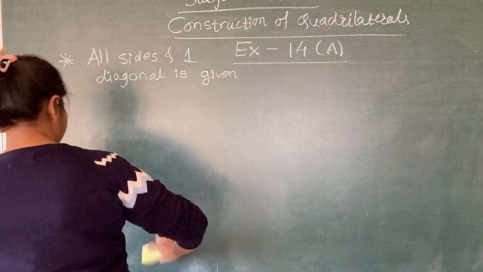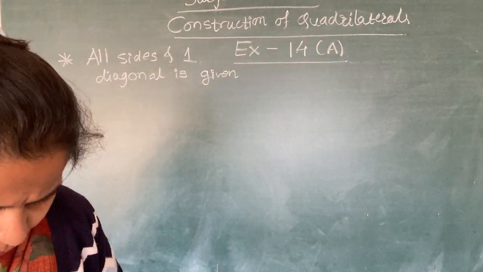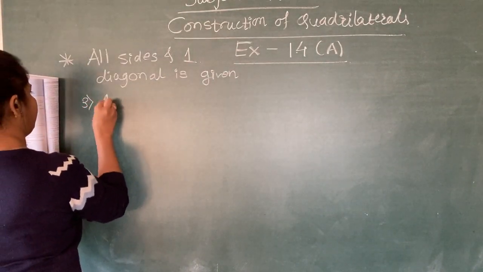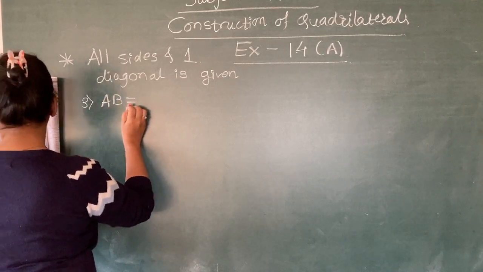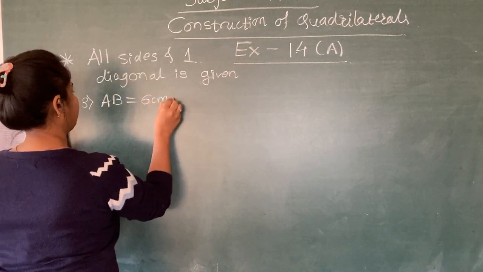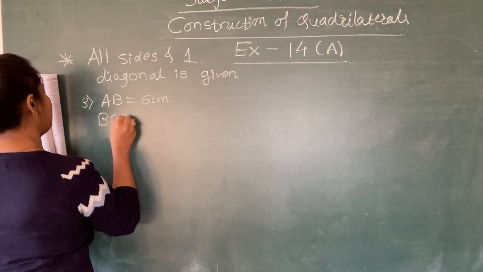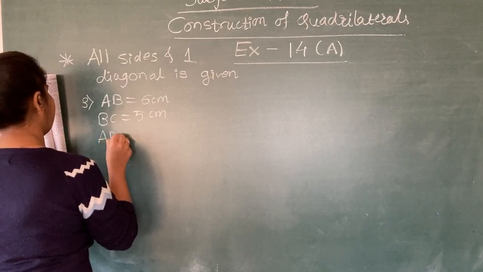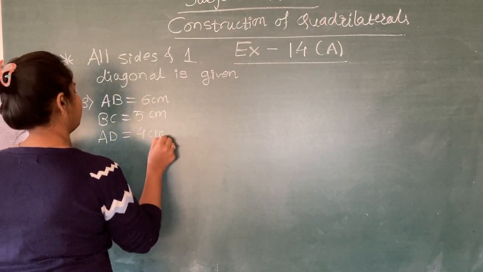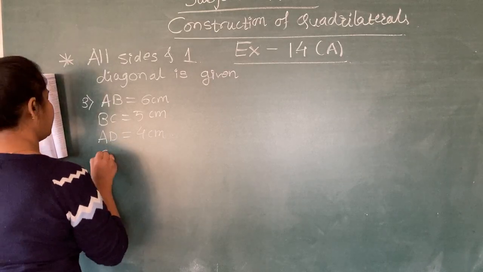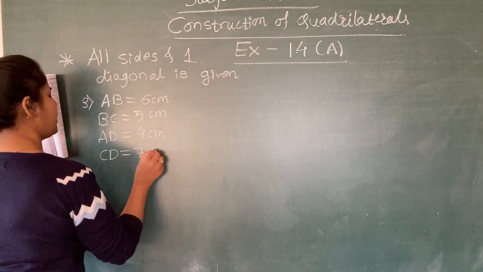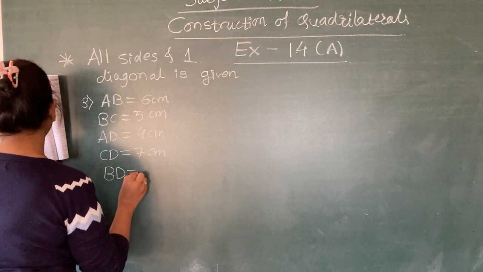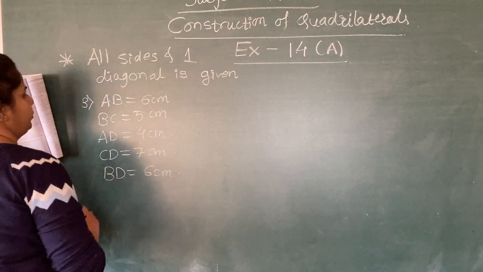AB is equal to 6 centimeter, then BC is equal to 5 centimeter, then AD is equal to 4 centimeter, then CD is equal to 7 centimeter, then BD is equal to 6 centimeter.